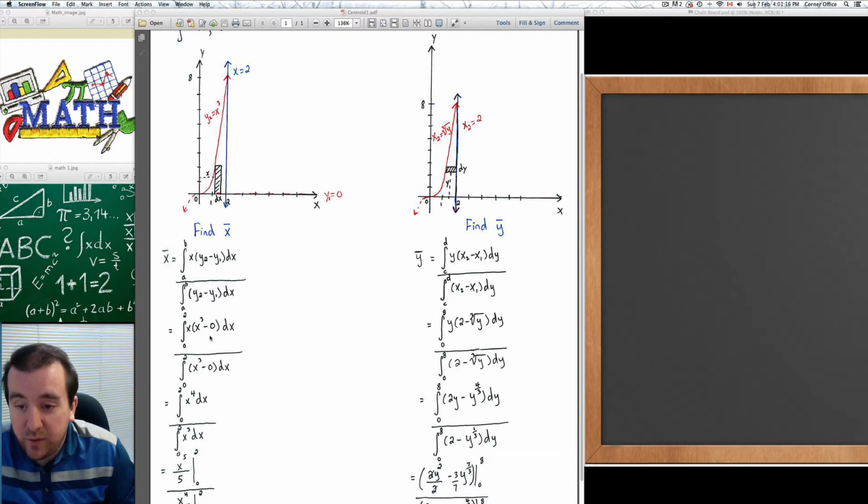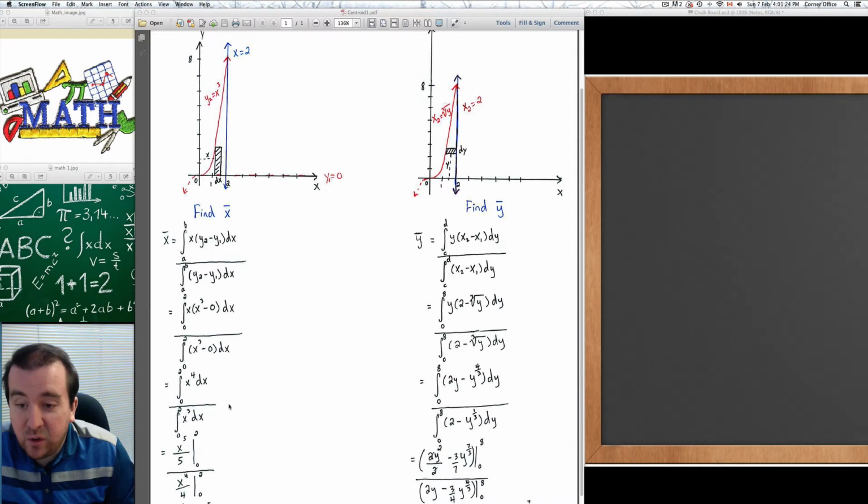So if we simplify the top here, x times x to the power of 3 is x to the power of 4, and then on the bottom we just have x to the power of 3. Now we integrate. So we don't actually drop our signs until we integrate. So now that we integrate, we drop this integral, some elongated s shape, okay?